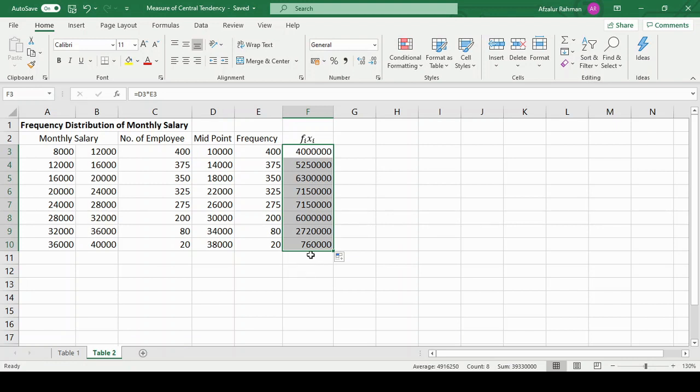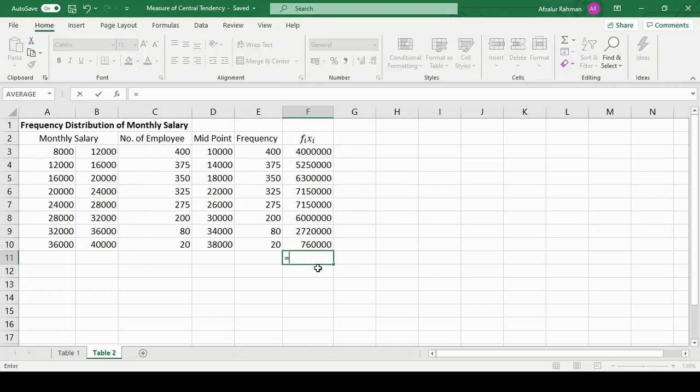Now we have to add all these things. We have to get the summation of the multiplication of frequency and midpoint. So is equal to sum, start bracket and add all these. We got the summation.